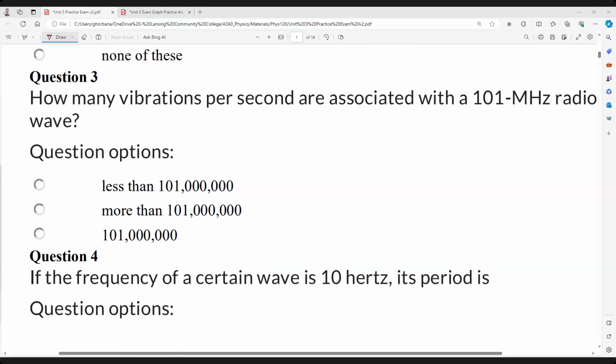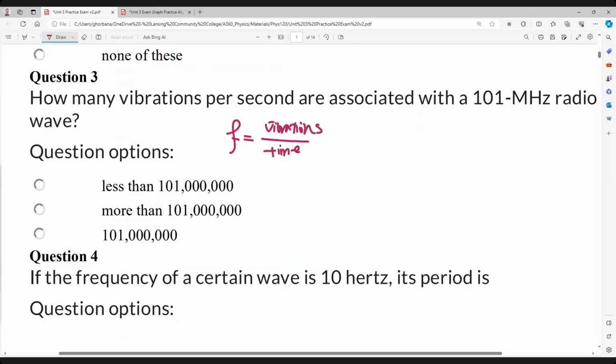Number 3, how many vibrations per second are associated with the 101 megahertz wave? Good. So again, the frequency definition is the number of vibrations over time.